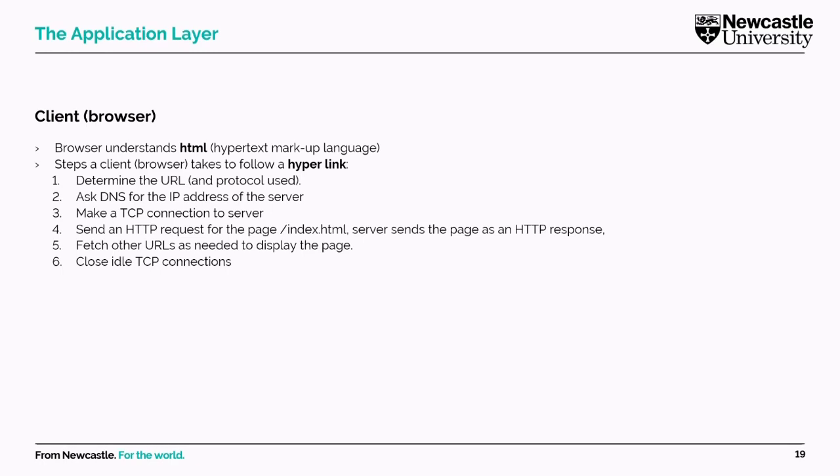The server responds with an HTTP response, which, if it's accepted, will contain the HTML for the page that the client wants to view. The client then continues in this cycle of requesting other URLs as needed to display the page, and it closes any idle TCP connections as it goes along. So the client is responsible for managing its own memory in a way that's not going to destroy the host machine.